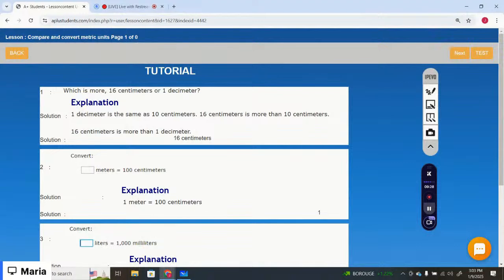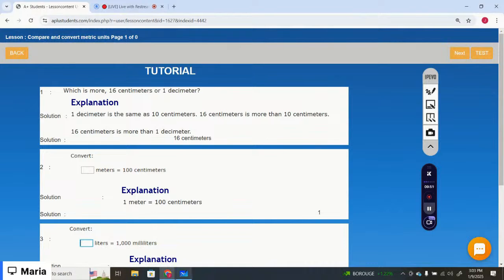So the question is 16 centimeter or 1 decimeter. 1 decimeter equals 10 centimeter. So then obviously 16 centimeter is more than 1 decimeter because in 1 decimeter you have just 10 centimeters. So 16 centimeters is more than 1 decimeter.